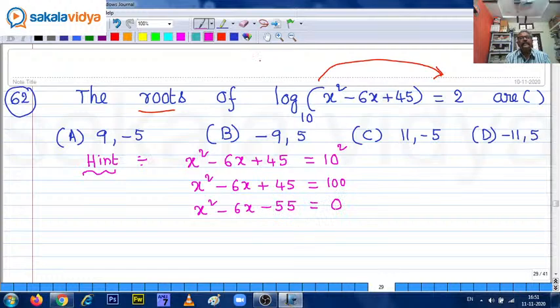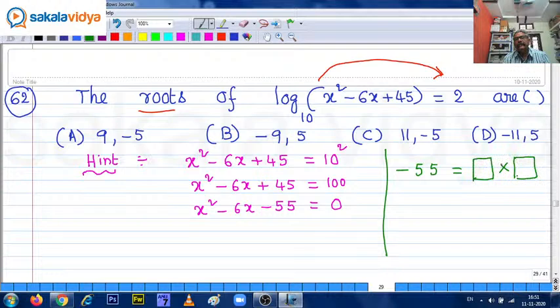Now let us go for the factorization. Let me explain. Product must be minus 55, sum should be minus 6. We need to search for the two numbers whose product is minus 55 and whose sum is minus 6.